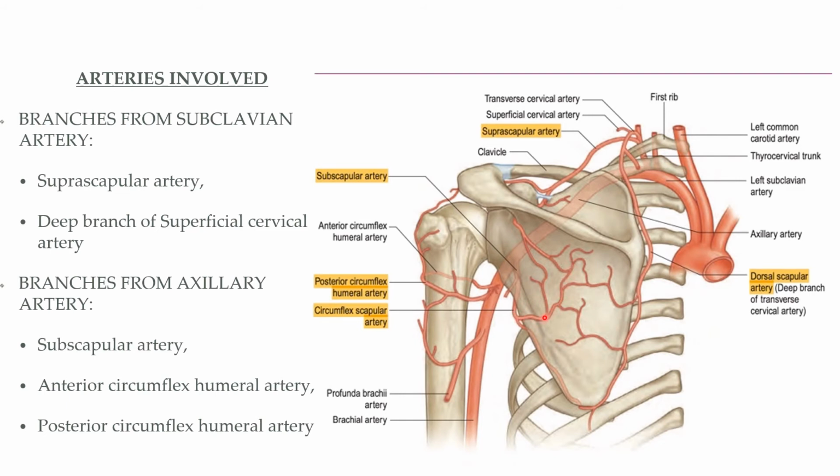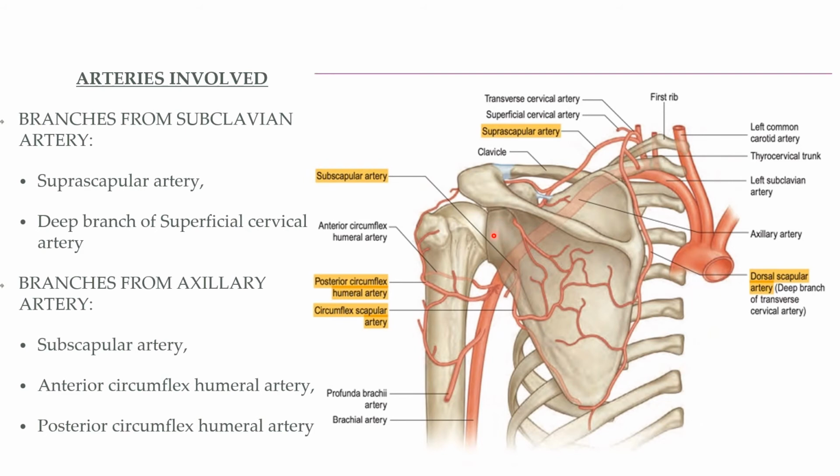And here it divides into multiple branches which anastomose with the branches of deep branch of transverse cervical artery, that is dorsal scapular artery, and with the branches of suprascapular artery. After giving these branches, the circumflex scapular artery continues downward parallel to the lateral border of the scapula and ends by anastomosing with the terminal part of the deep branch of transverse cervical artery.